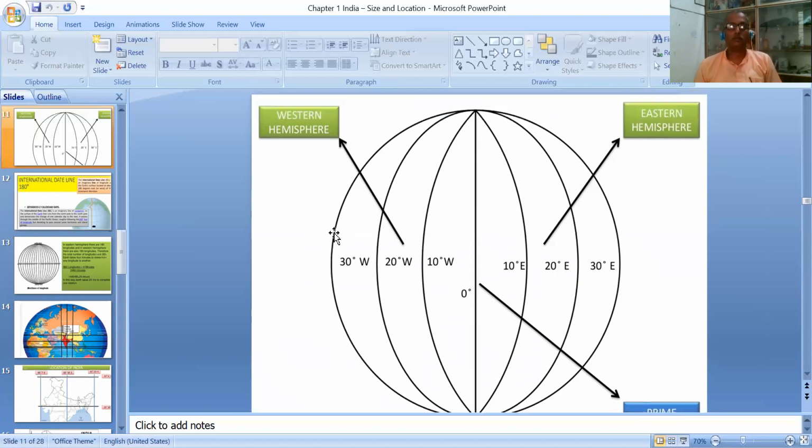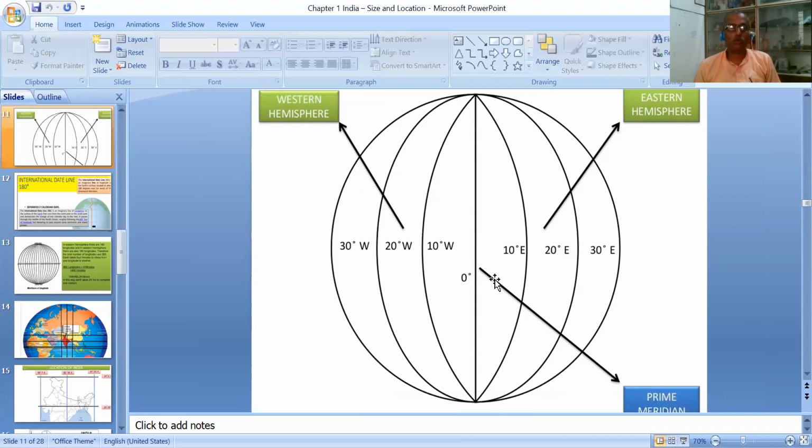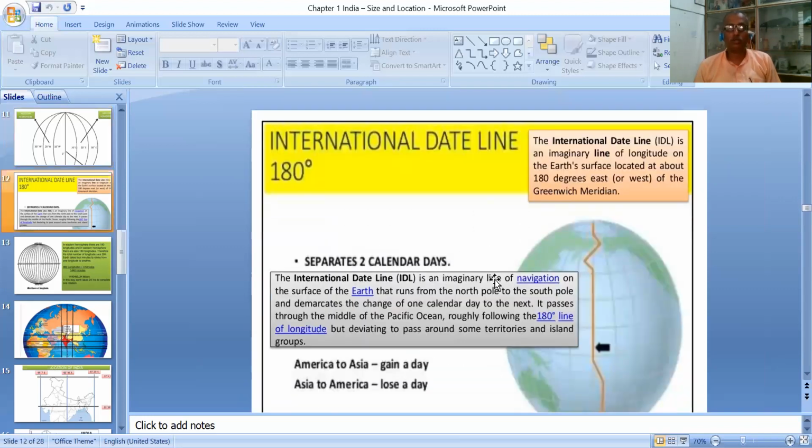Northern and southern hemispheres are latitudinal positions; western and eastern are longitudinal positions. We all come in the eastern hemisphere, and in the northern hemisphere India falls.